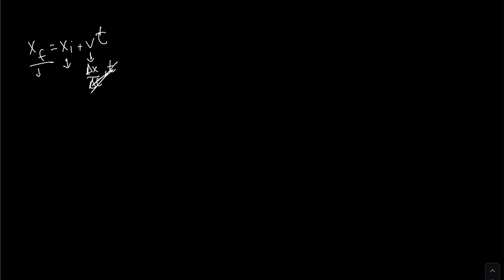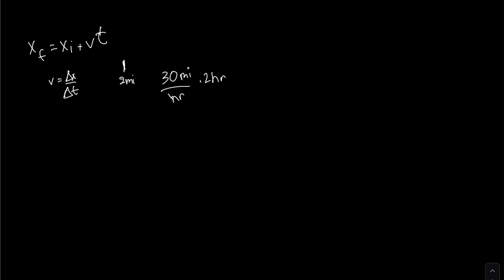And it's also intuitive for one more reason, right? Because velocity is just equal to delta H over delta t. For example, if you started at 2 miles and then you went at 30 miles per hour for 2 hours, you know that you would have gone 60 miles, and then 62 miles would be your total position.